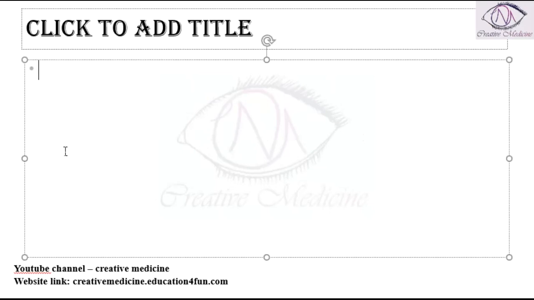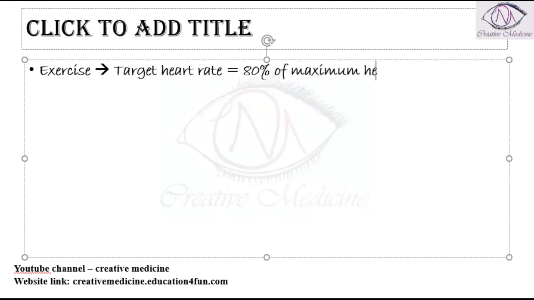When the patient exercises, the target heart rate should be around 85% of maximum heart rate. What is maximum heart rate? It is the maximum heart rate that the patient can reach during exercise or any time.